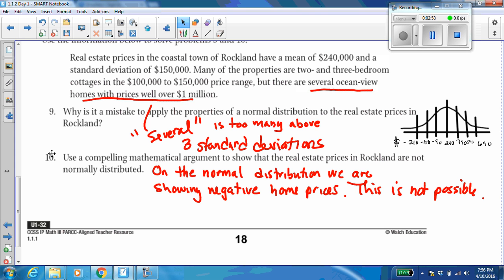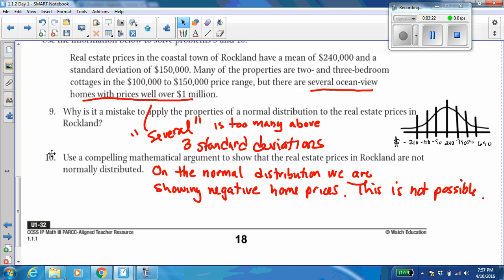with the way that the mean property value is, as well as with that standard deviation, if you take a look at the standard deviation, just the data alone, several of those are too many standard deviations above. So if you even go 3 standard deviations above at 240,000, we're not even at $1 million.